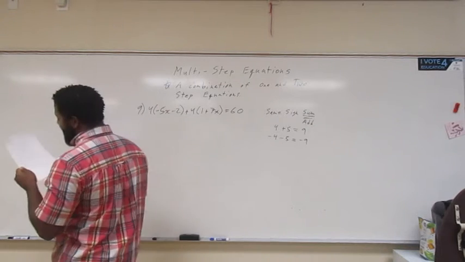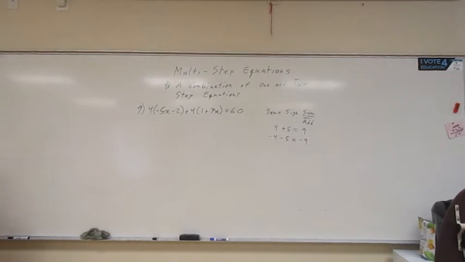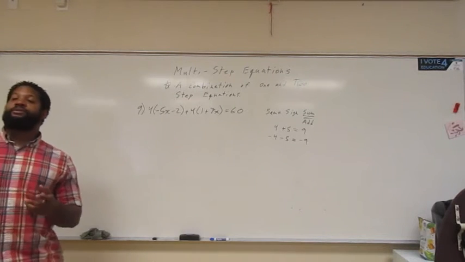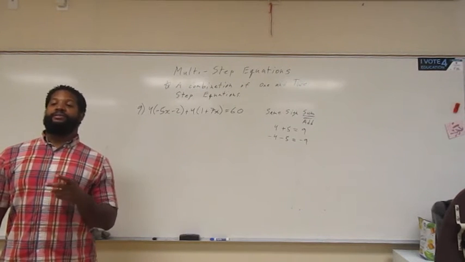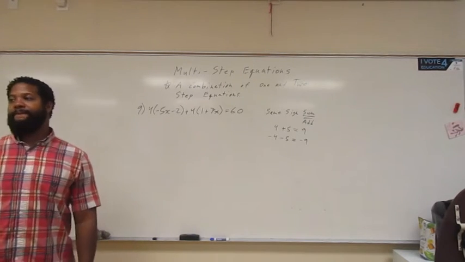I'm replacing my k's with x's. Now, numbers 9 and 10, you do have two distributive properties, with just a number on the other side, okay?